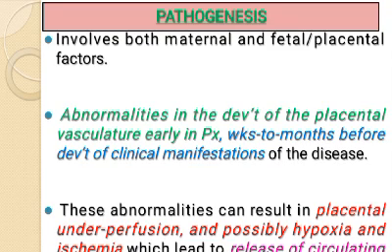Pathogenesis involves both maternal and fetal placental factors. Abnormalities in the development of the placental vasculature early in pregnancy, weeks to months before development of clinical manifestations of the disease.